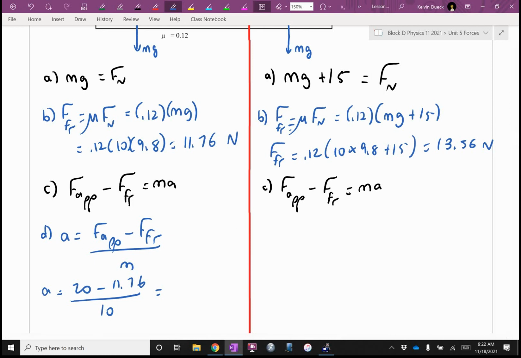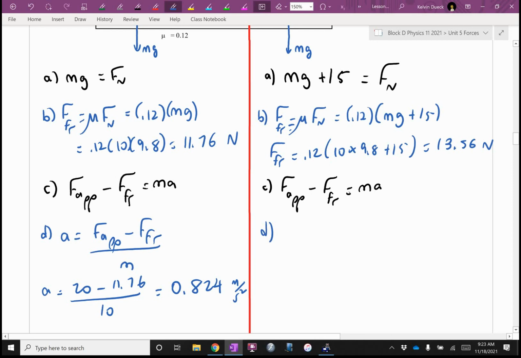No, 0.824, because there's a 6. Oh, I was on such a roll. And dividing by 10 is where I made a mistake. 0.824? Units? So it's moving. Not very fast, but it's moving. It's accelerating, but just barely.